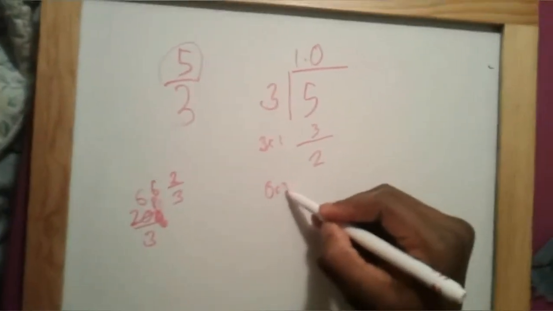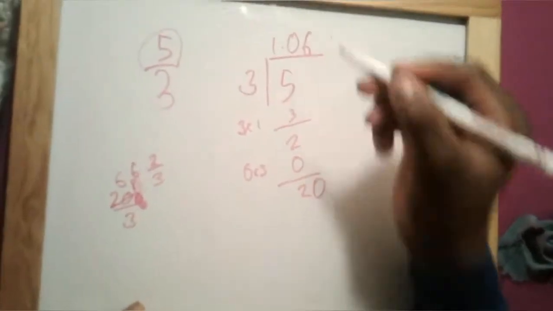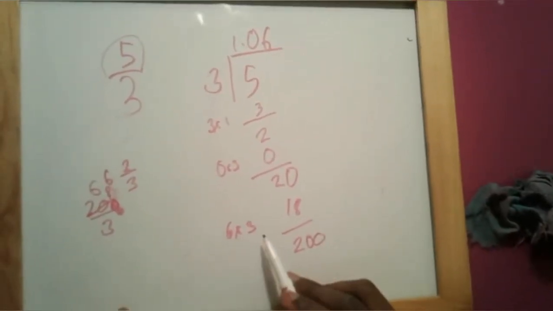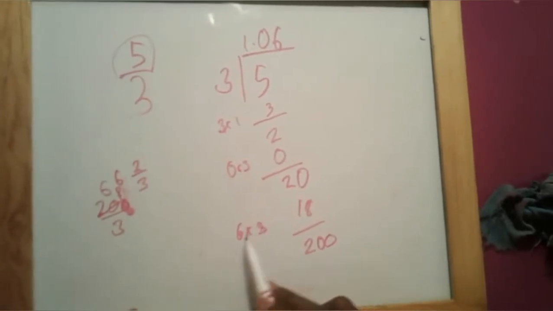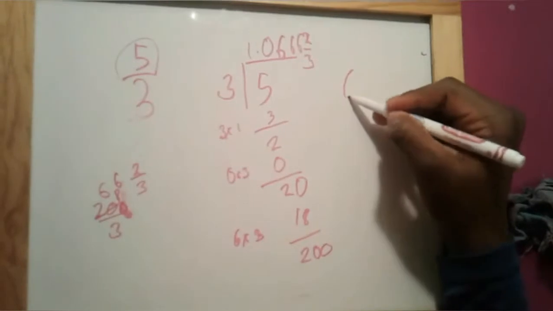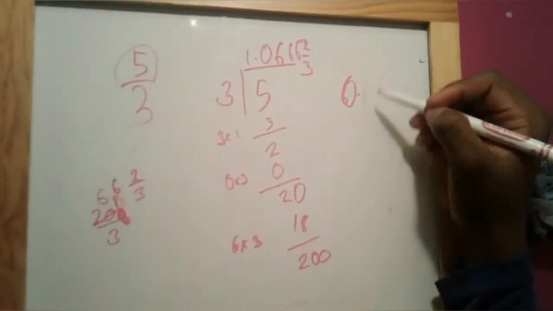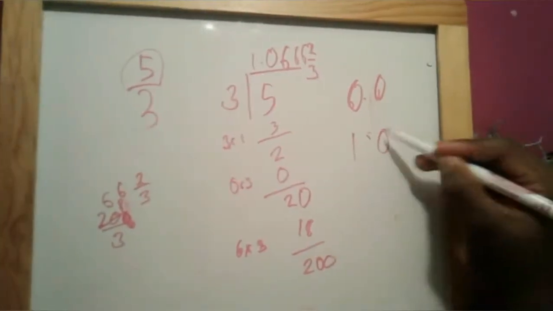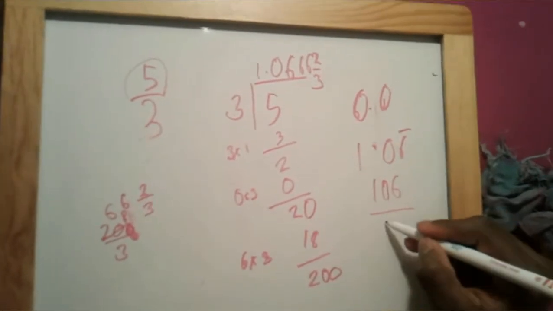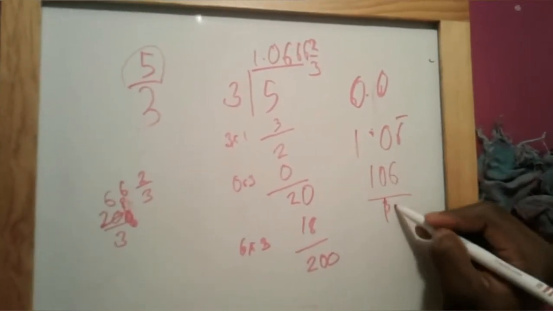So 0 times 3 is 0, and it will be 2, and then there's a 0, so 20, and then 6. 6 times 3 is 18, and then 2, and then after that there are 2 zeros, and it will be 1.66 repeating.